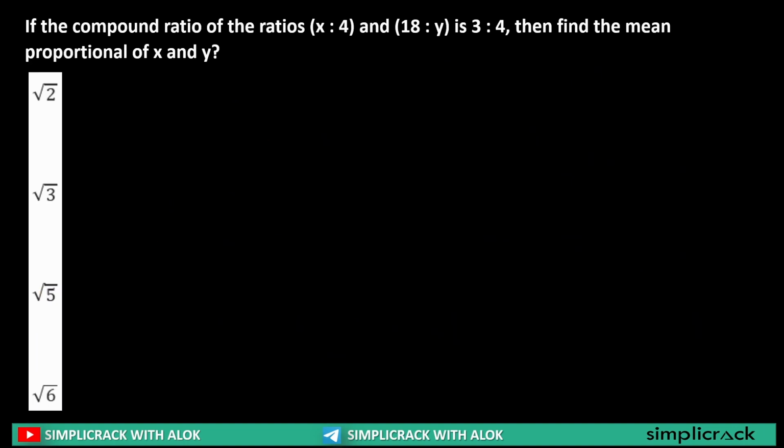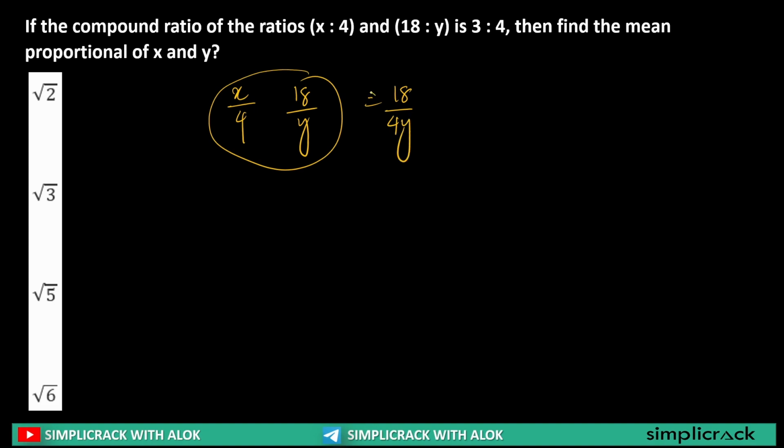Next question. If the compound ratio of the ratios x is to 4 and 18 is to y, so compound ratio of this is what? 18x by 4y is equal to 3 by 4.